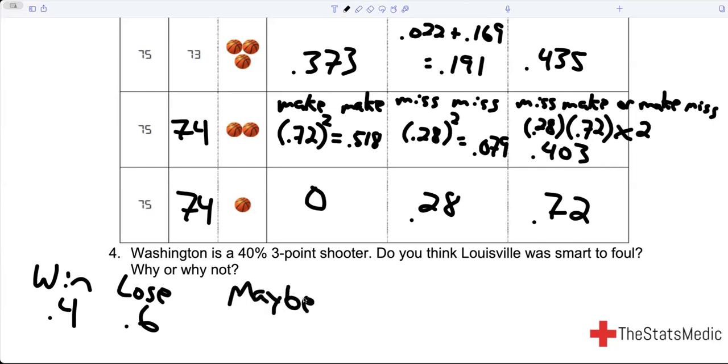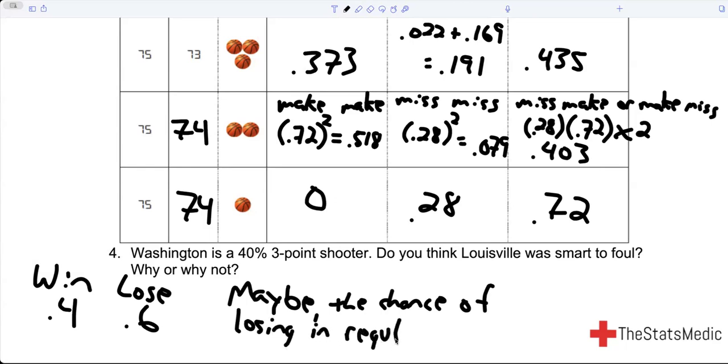And this is kind of artificial, right? Because there might be other factors. Are they playing at home? Where is he shooting from? You know, is he guarded, et cetera, right? But I said the chance of losing in regulation goes down.